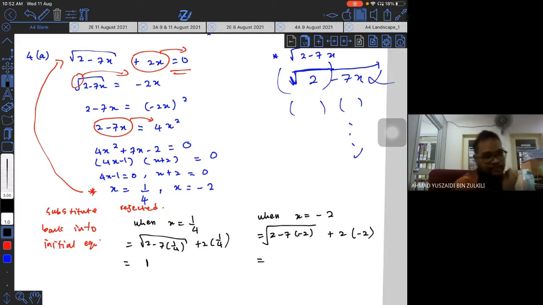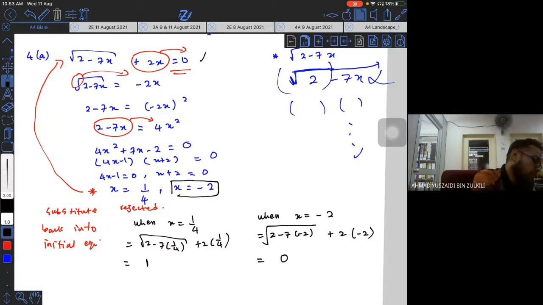So for this one, what answer would you get? 0. So this one satisfies the initial equation. So this is our final answer: x is equal to negative 2.